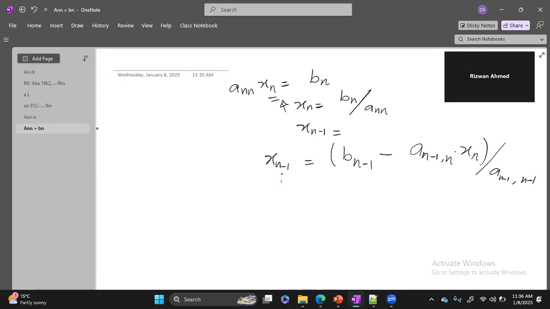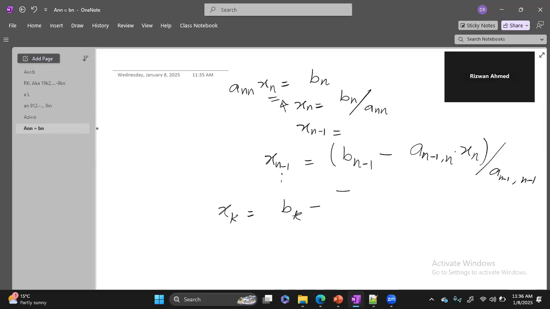For example, if I write quickly for the kth one, it will come from bk, right? So all the values of x after xk are known at this stage. So xk plus 1, xk plus 2, up to xn, they are all known.